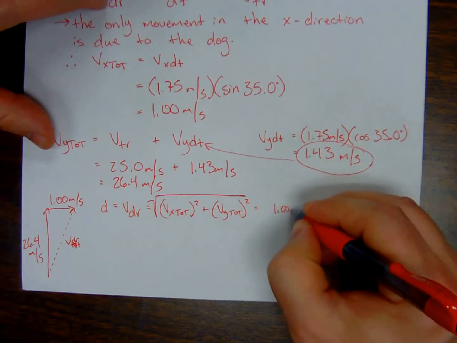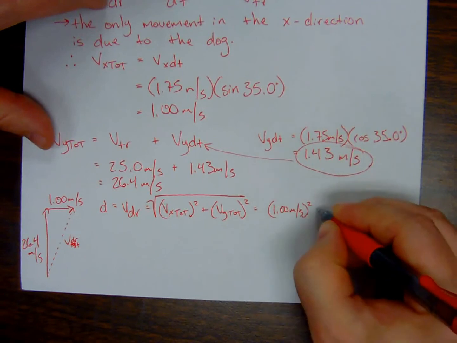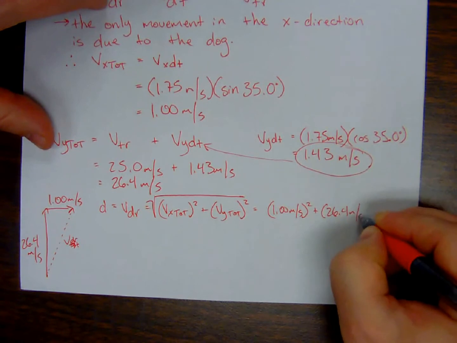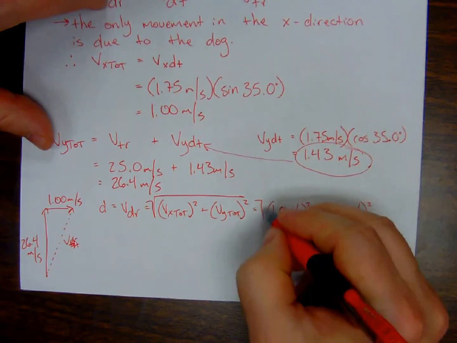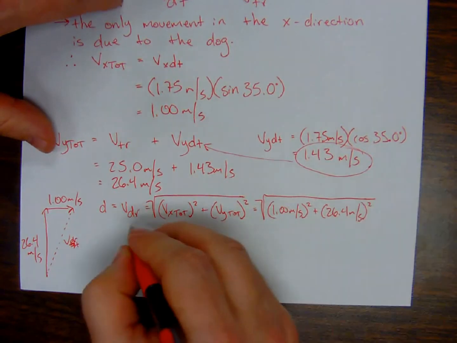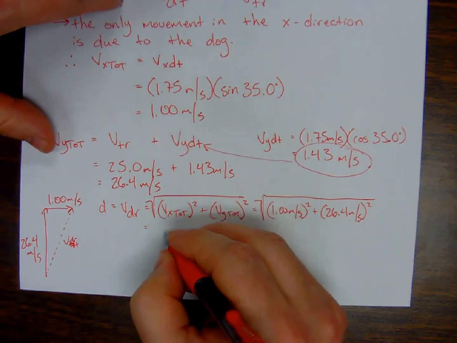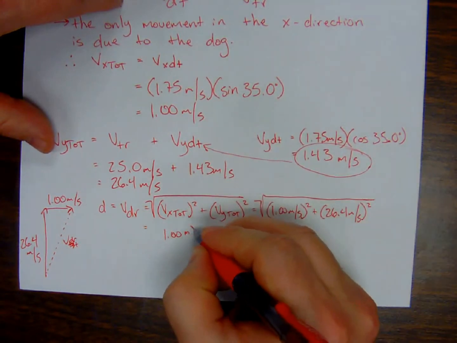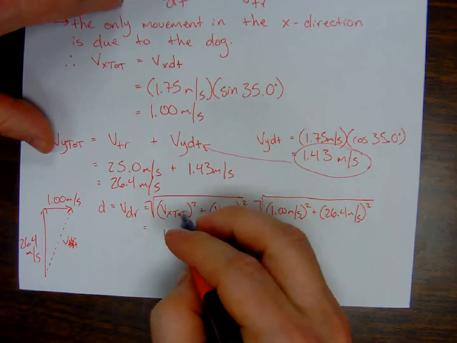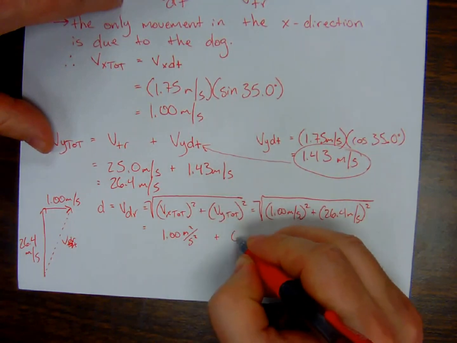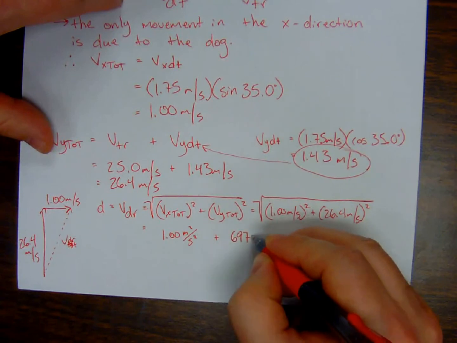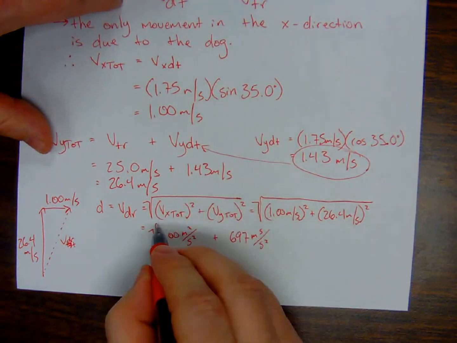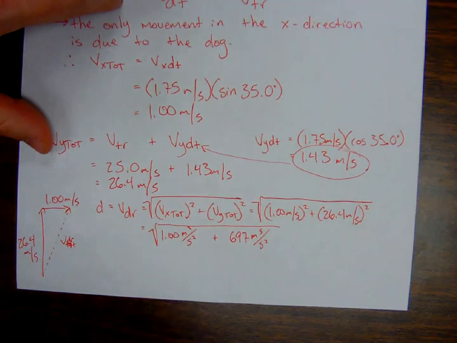When I use the appropriate number of sig figs, that ends up being 26.4 meters per second. You might be annoyed that it ends up being the same as the total y, but that makes sense because look how small the x component is compared to the y component. So the resulting velocity is going to be very, very close to this, so close that it's not enough to round up to 26.5. So that's the magnitude.